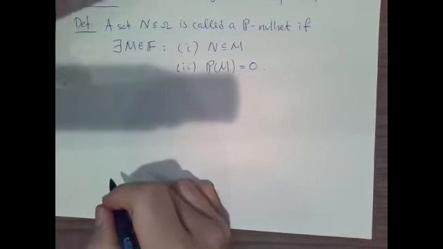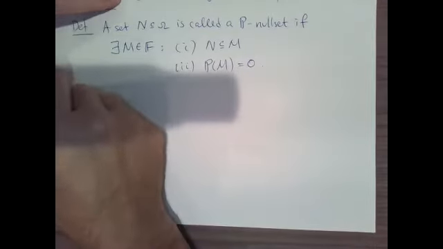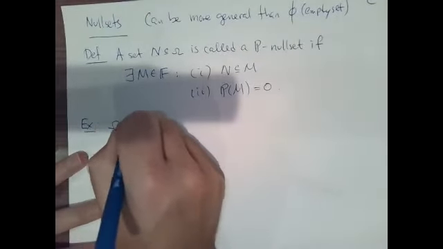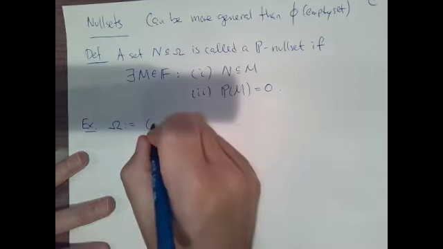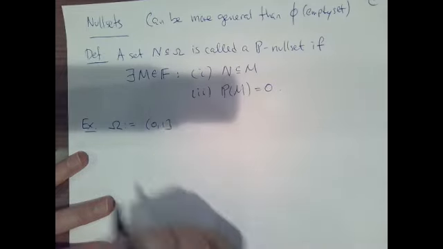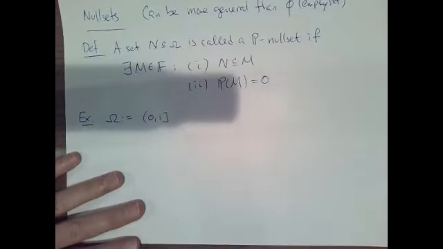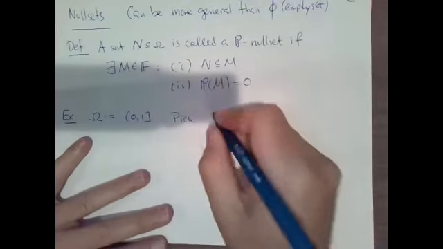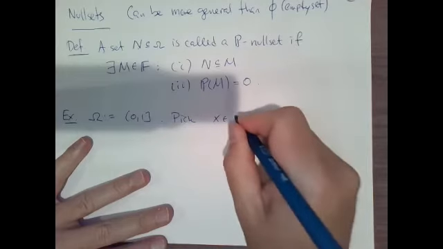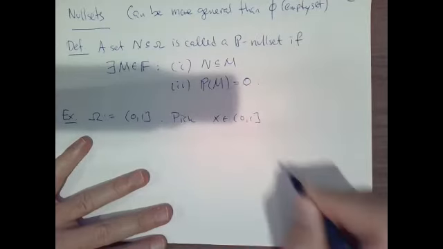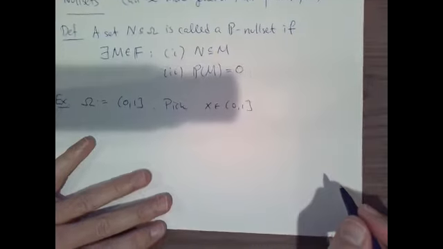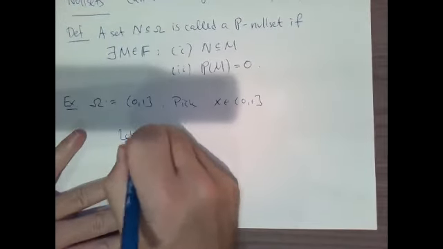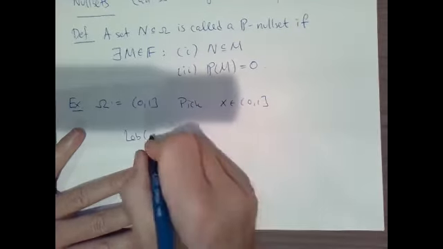As an example, we had talked about how if I looked at omega to be the interval 0 to 1, I could pick x somewhere in there. Then we looked at the Lebesgue measure on that interval.